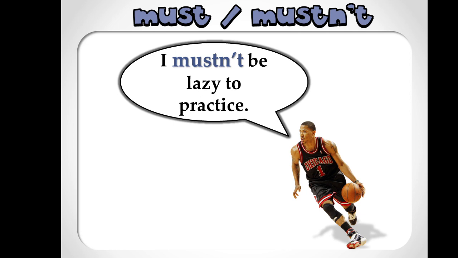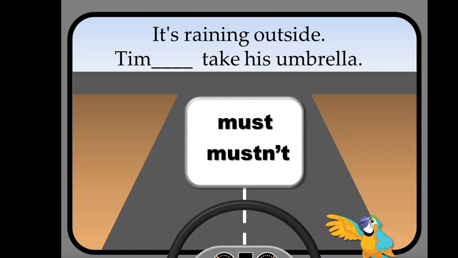Alright, let's have a practice on the use of must or mustn't. It is raining outside. Tim didn't take his umbrella. Must or mustn't? Yes, must. Because if Tim doesn't take his umbrella, he will get wet.